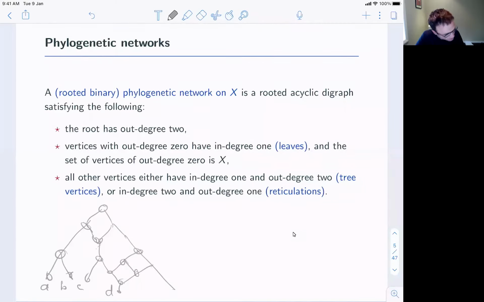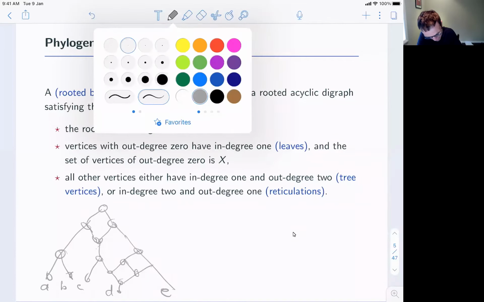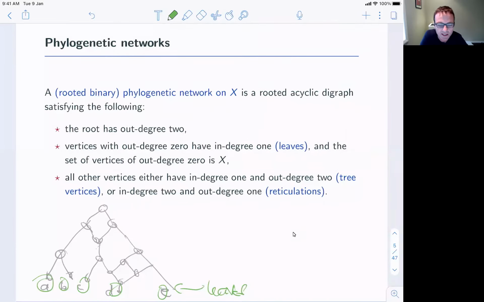There's a phylogenetic network on 5 leaves. These are the leaves down here.